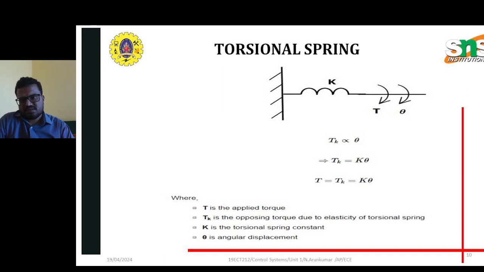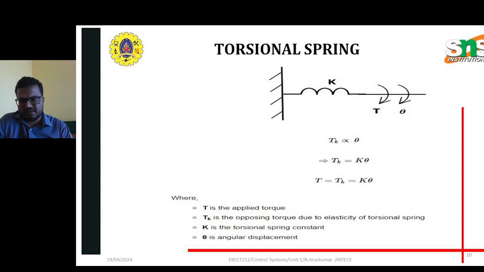For the torsional spring, Tk equal to K into theta, where Tk is the opposing torque due to the elasticity of the torsional spring, K is the torsional spring constant, and theta is the angular displacement. So the distance transferred by the elements can be calculated with the help of the torsional spring constant.